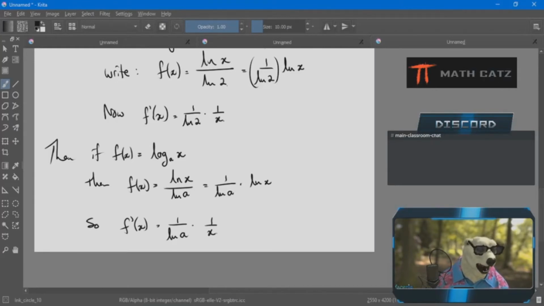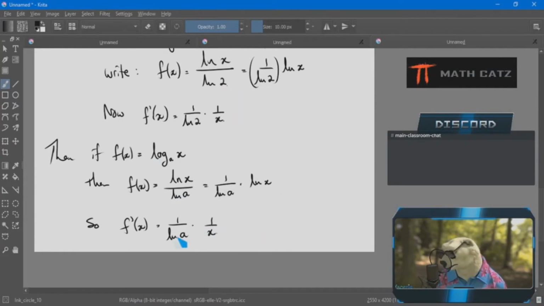So it's just a scaling of the natural log function, which means that technically there is only one log function that I care about, and it's the natural log, because as soon as I see any other log function, I just rewrite it to the natural log and work with that. There's only one function, which is why I just call it the log of x. There's only one. I see a log function with a different base. I don't care. Rewrite it, work with that function, because that function is much more straightforward.